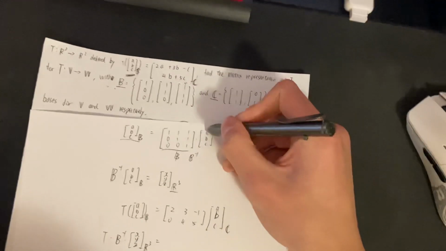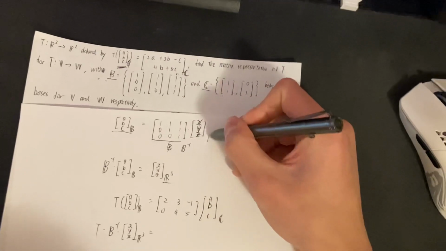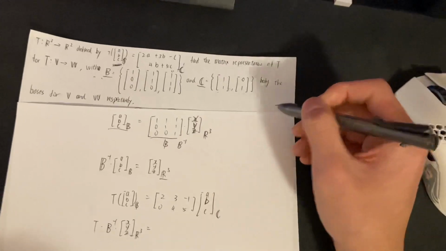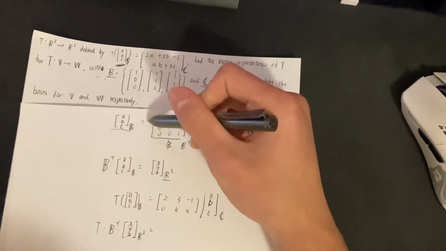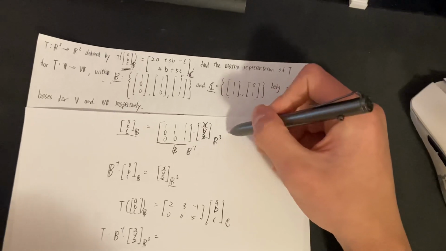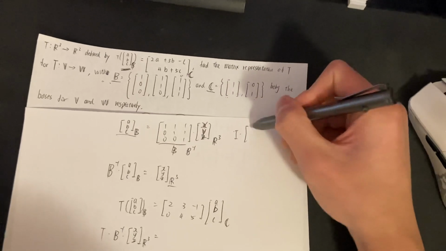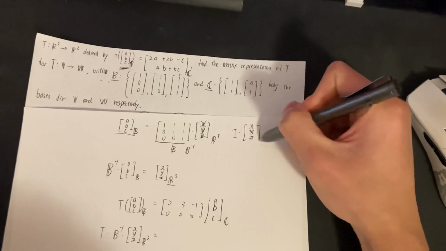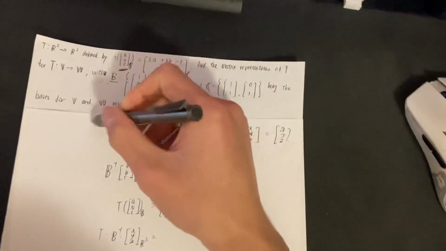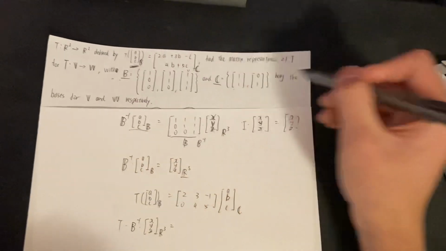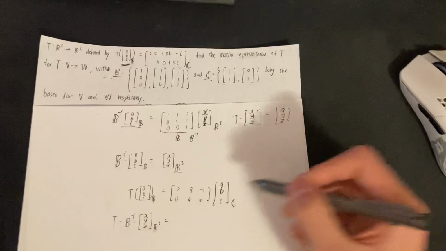I guess I should write this x, y, z so that it's easier to understand. Right, you times both sides by the inverse. This is B, by inverse you get I. For this side you get I times x, y, z. And it's just x, y, z. For this part you got B -1, so I substitute.